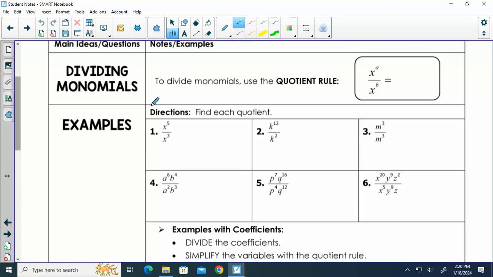What this means, it's like 6 x's multiplied together on top and 2 of them on the bottom. So 2 cancel out, and how many x's are we left with? 4. So when we are dividing, our quotient rule says we keep the x, that doesn't go away, but for the exponent, it'll be a minus b. We just subtract.